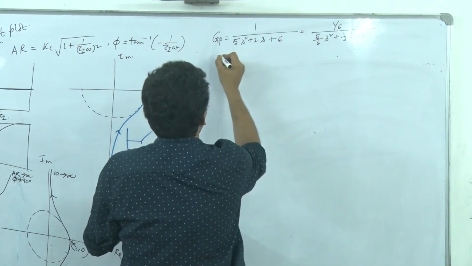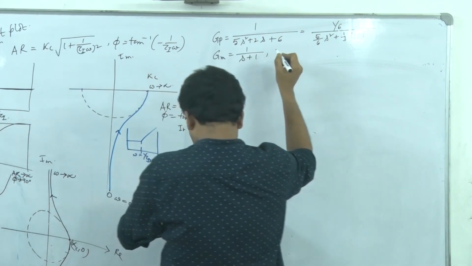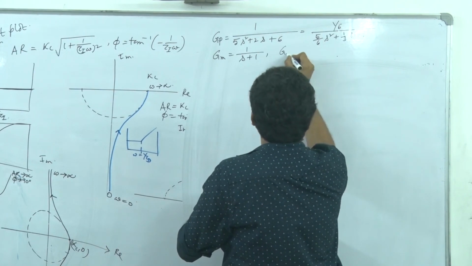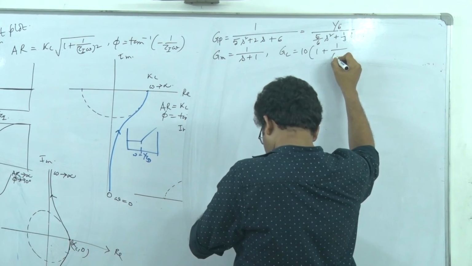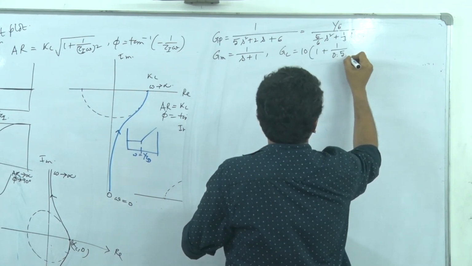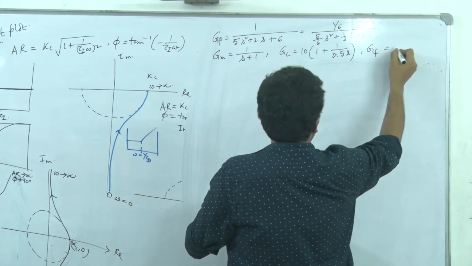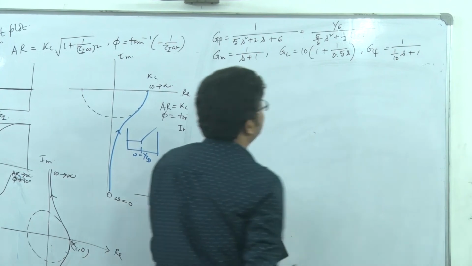Then Gm is equal to 1 by s plus 1. Then Gc is equal to 10 within bracket 1 plus 0.5s, and Gf is equal to 1 by 10s plus 1.